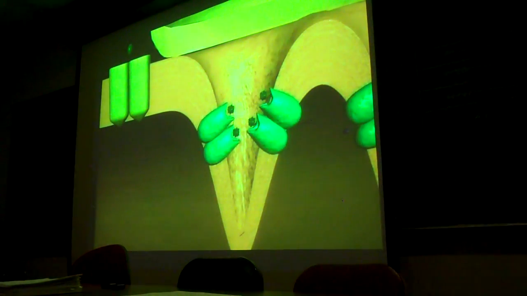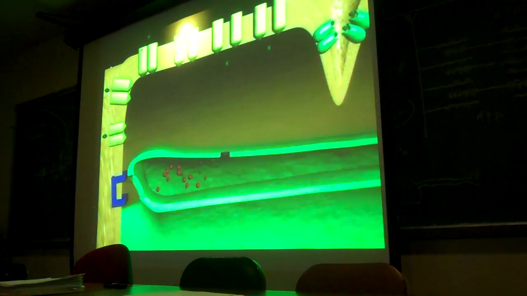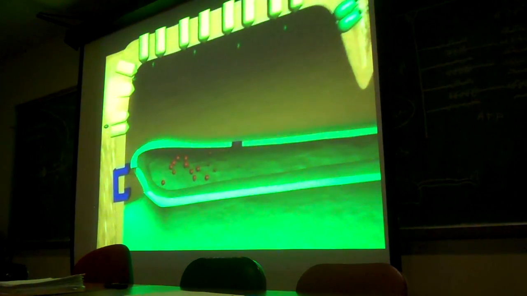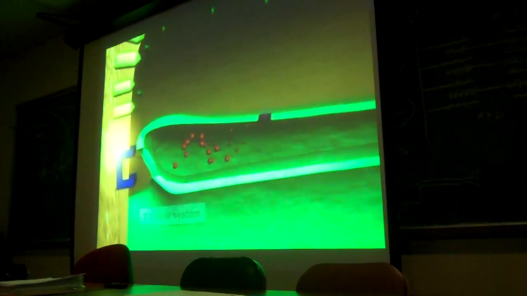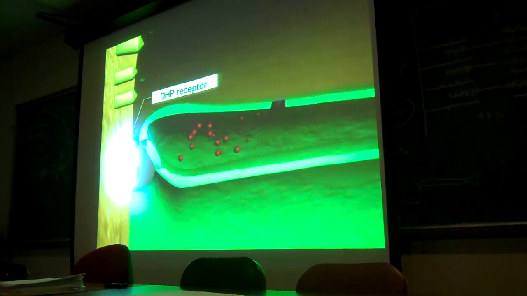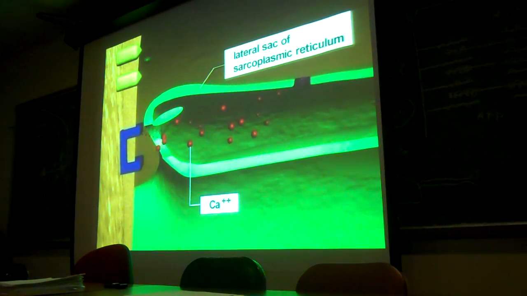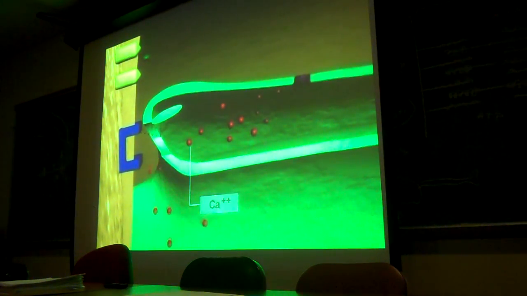The initial flux of ions due to opening of the channels brings the membrane potential to threshold, causing the voltage-gated sodium channels in the vicinity to open. The resulting action potential is propagated over the entire surface of the muscle and also courses into the T-tubule system. As the action potential encounters DHP receptors in the T-tubules, it causes opening of the ryanodine calcium channels of the lateral sacs, thus allowing calcium ions to diffuse out of the lateral sacs and into the region of the myofibrils.